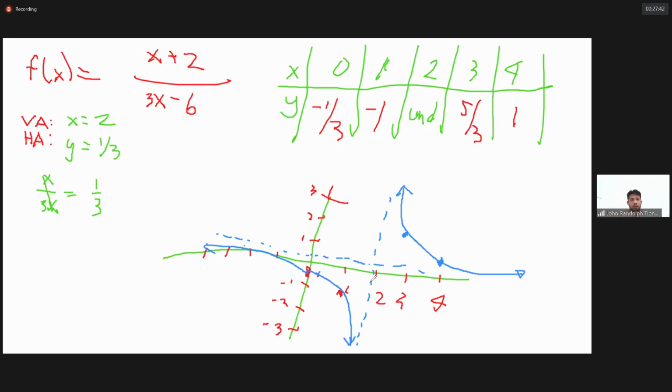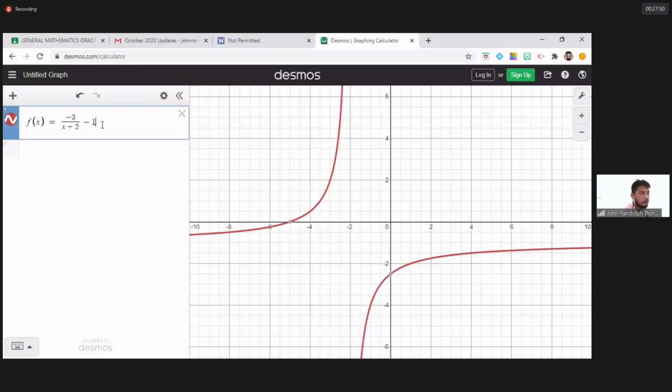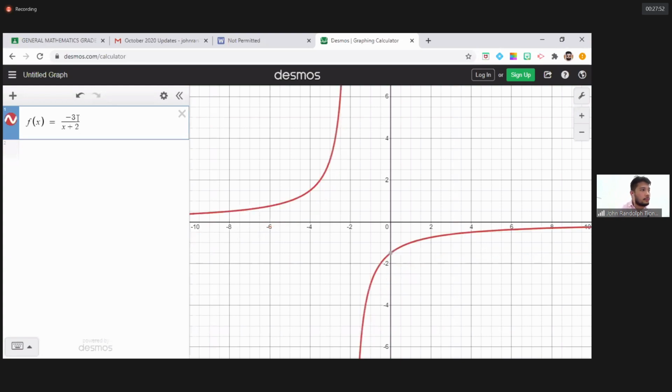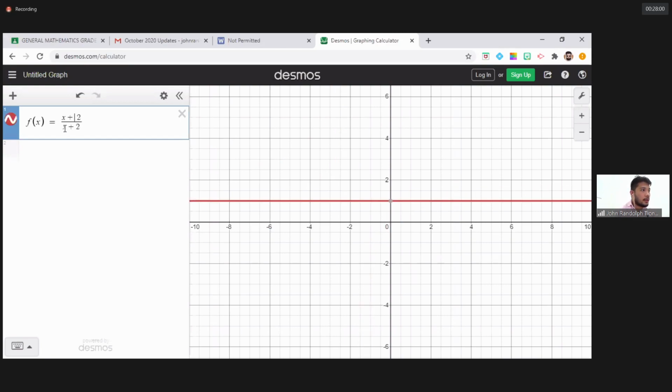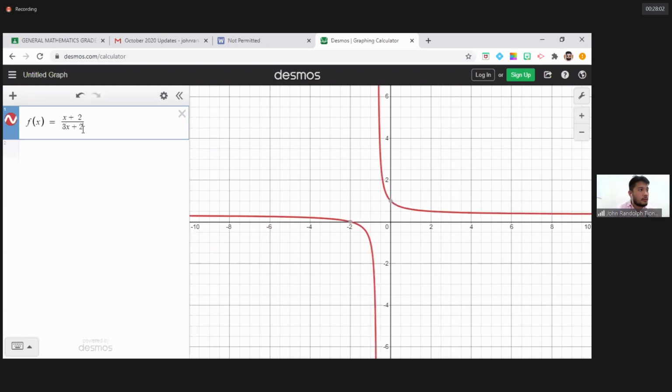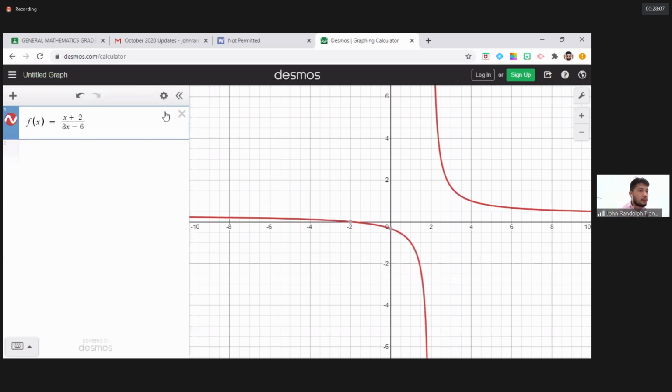Now, we will double check that one in our Desmos. Okay, x plus 2 over 3x minus 6. Okay, look at our graph here.